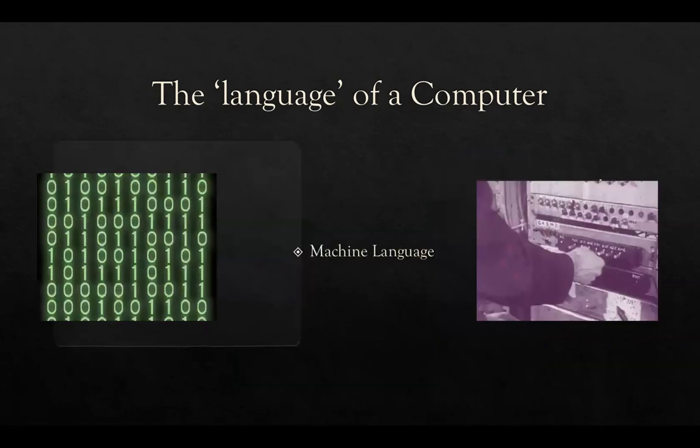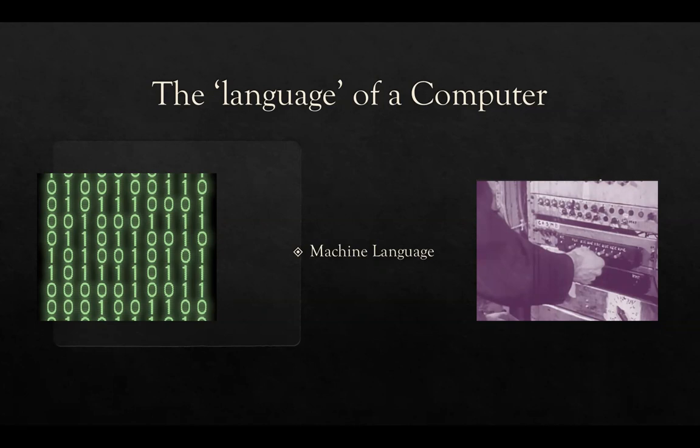So the computer needs to have everything it processes represented as ones and zeros. These ones and zeros are better known as machine language. Thus, machine language is the language understood by a computer. Now, it's very difficult to understand, but it is the only thing that the computer can work with.